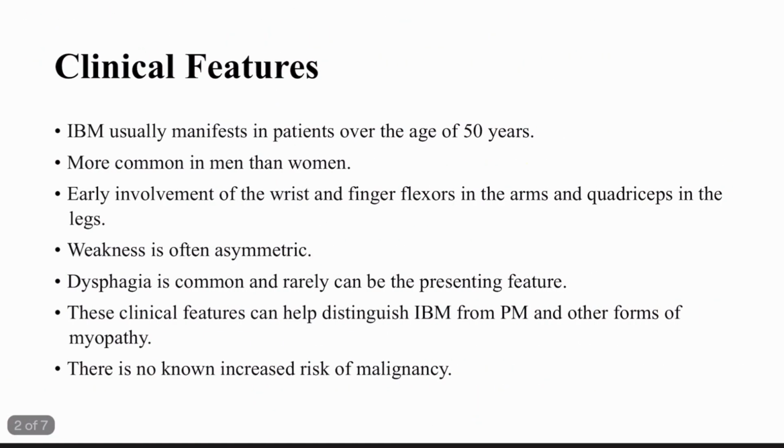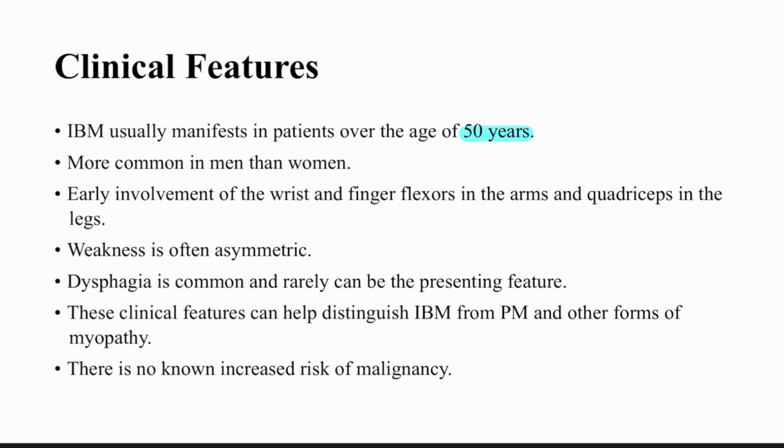Now, one by one, if we see the clinical features, first of all, age over 50 years, very important. In dermatomyositis, the age is younger individuals. So these are all the differentiating features. In polymyositis also, the younger age group is more commonly involved.